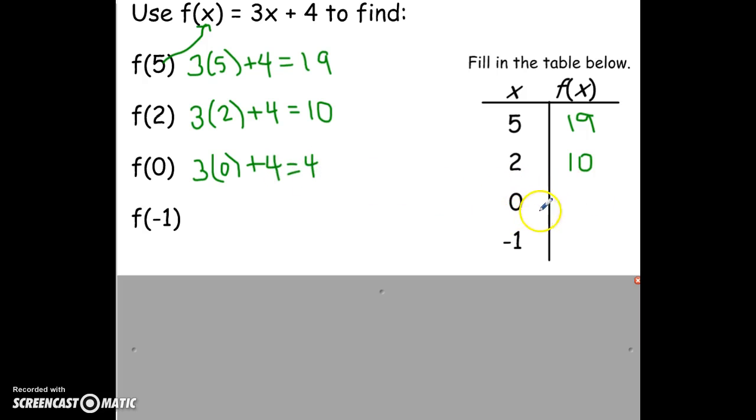When the input is 0, the function equals 4. 3 times negative 1 plus 4. 3 times negative 1 is negative 3, plus 4 is 1. When the input is negative 1, the function equals 1.